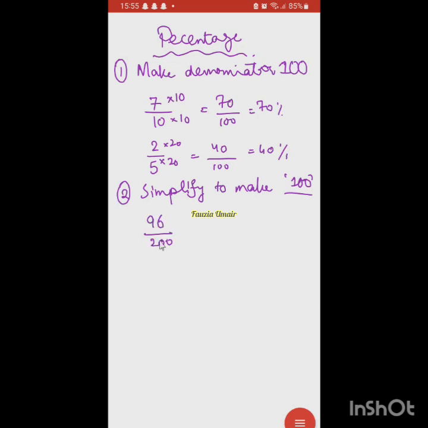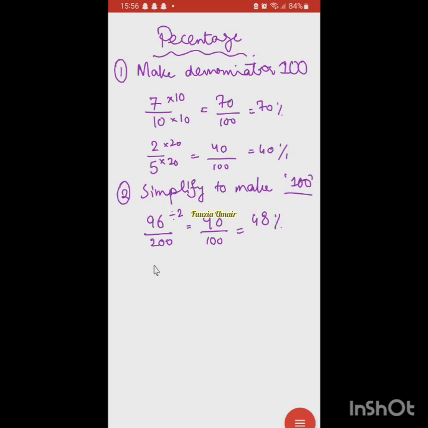You need to change it into the percent. हमें 200 नहीं चाहिए, हमें डिनोमिनेटर में क्या चाहिए, 100 चाहिए. So we will divide by 2. ठीक है. So अगर हम 2 से डिवाइड करेंगे तो 2 4s are 8, 2 8s are 16, 48 by 100. So इसका मतलब है the percentage is 48%. This is second way.